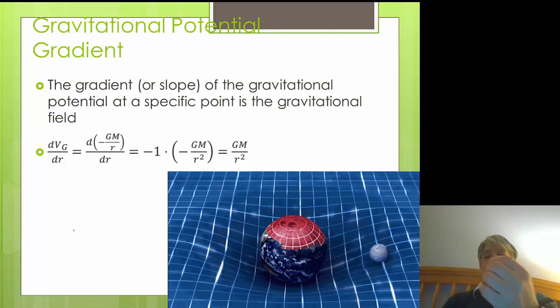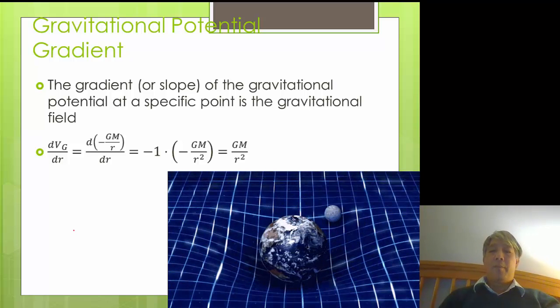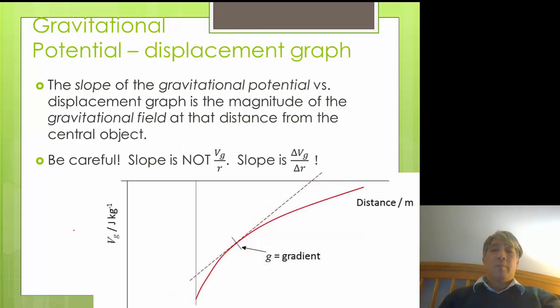You can do that on your own. But if I take a look at this, this is the slope of my gravitational potential, V sub g. It's important to know that you're not doing V sub g divided by r. It must be delta V sub g divided by delta r.